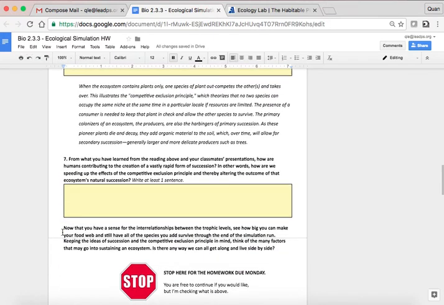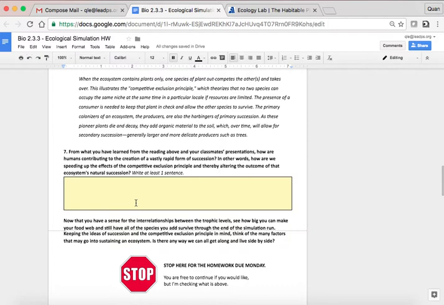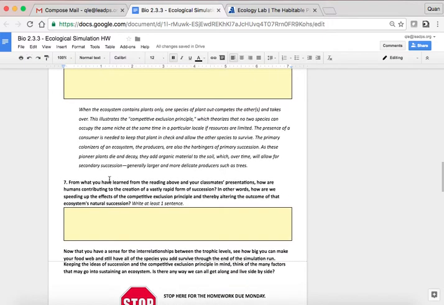Moving on to number 7, which is the last question for the homework. You're reading this explanation here, and you're answering this question from what you have learned from the reading above and your classmates' presentations about the biomes. How are humans contributing to the creation of a vastly rapid form of succession?